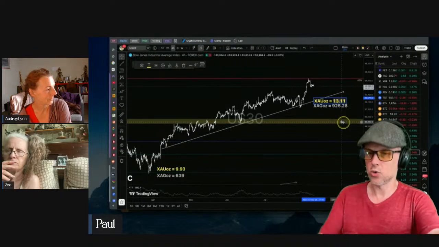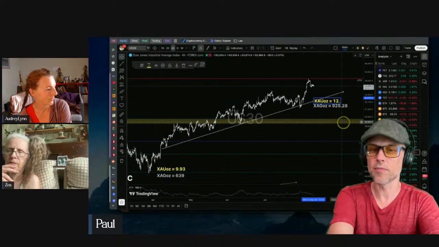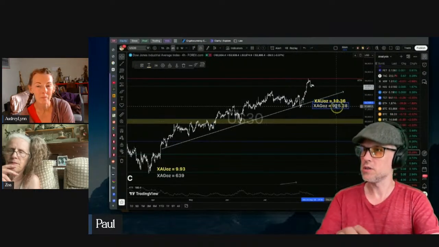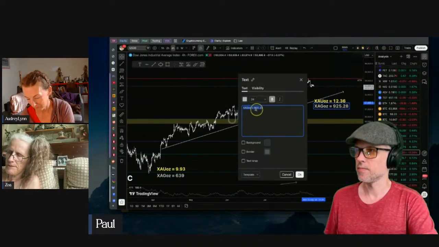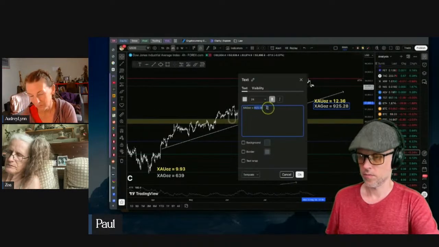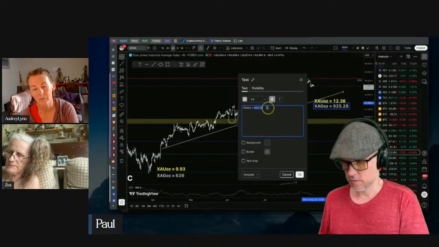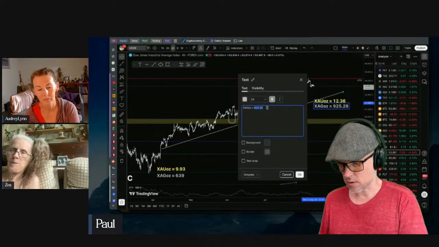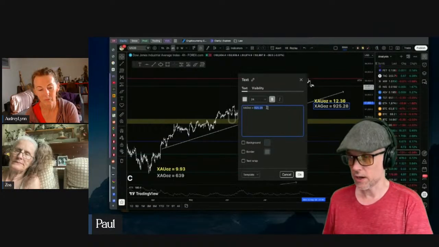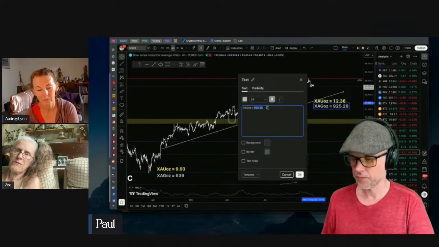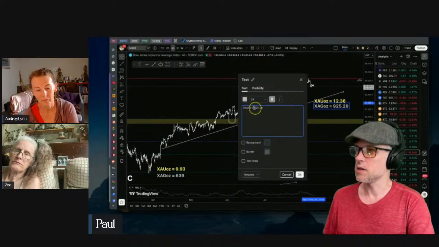Oh yeah, because gold had a little bit of a jump too. 12.36 ounces. And in silver, $53,893 divided by the silver price of $65.18 is 826.